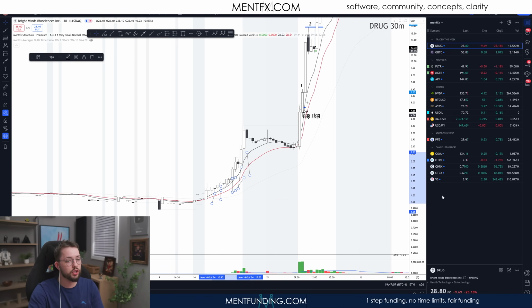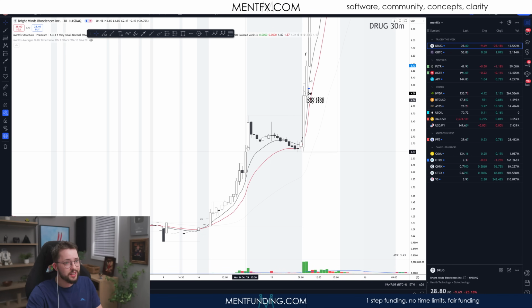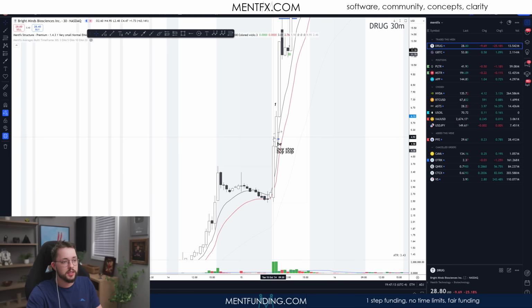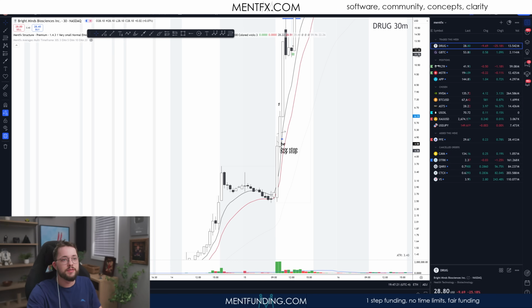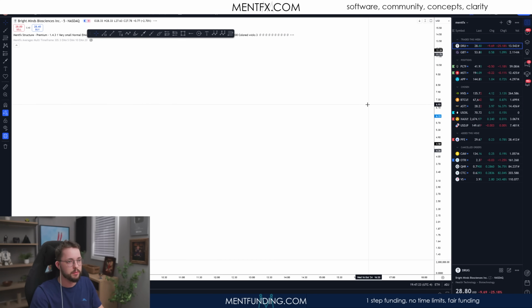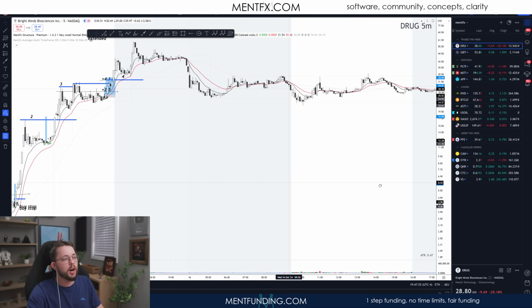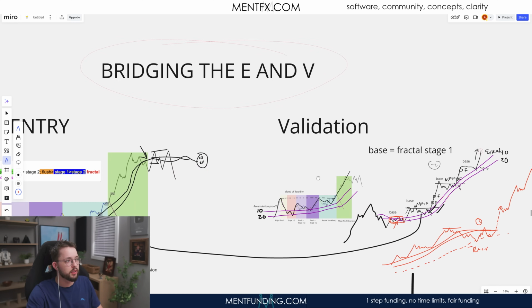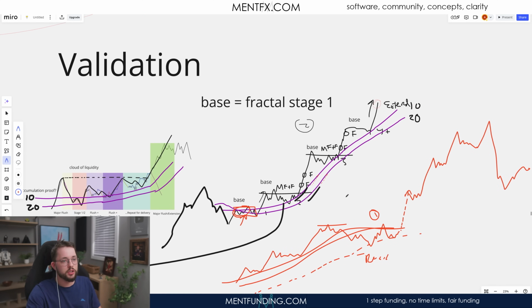So I saw this thing put in insane strength from the day prior, and then on this day, it continued that insane strength, which made me understand that it's very likely that on a validation time frame, since this is the context time frame up here, the 30-minute, on a validation time frame of a 5-minute, if I move to the 5-minute right now, we should be undergoing an overall validation cycle that looks like this.